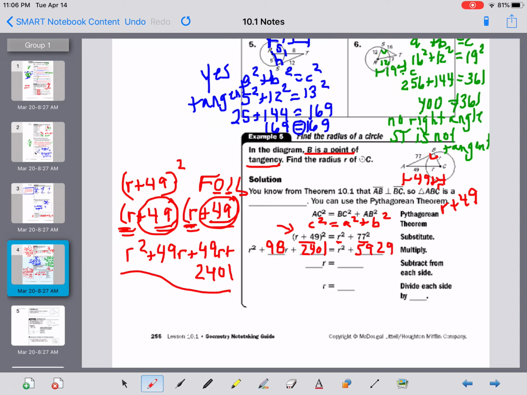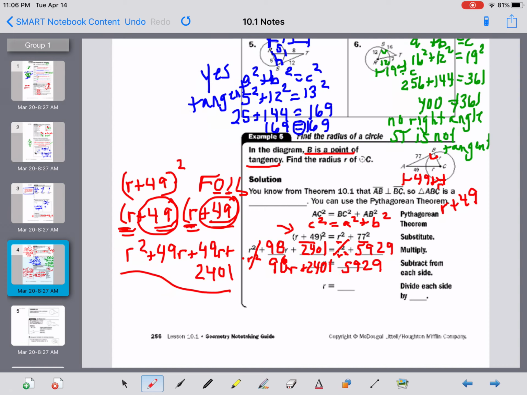We like terms together, so if I try to get my r squareds together and I subtract r squared from both sides, thankfully for us, they cancel. So I'm going to be left with 98r plus 2,401 equals 5,929.